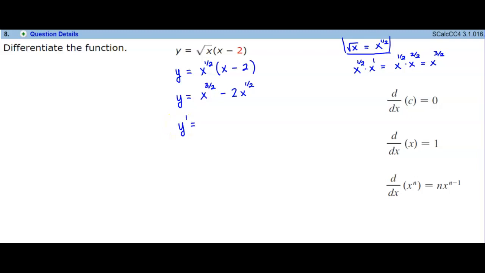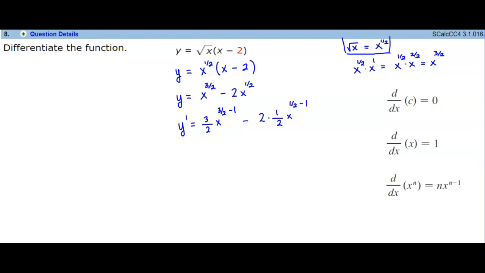So the value of n is 3/2, and this is x to the 3/2 minus 1, minus 2 times 1/2 x to the 1/2 minus 1.